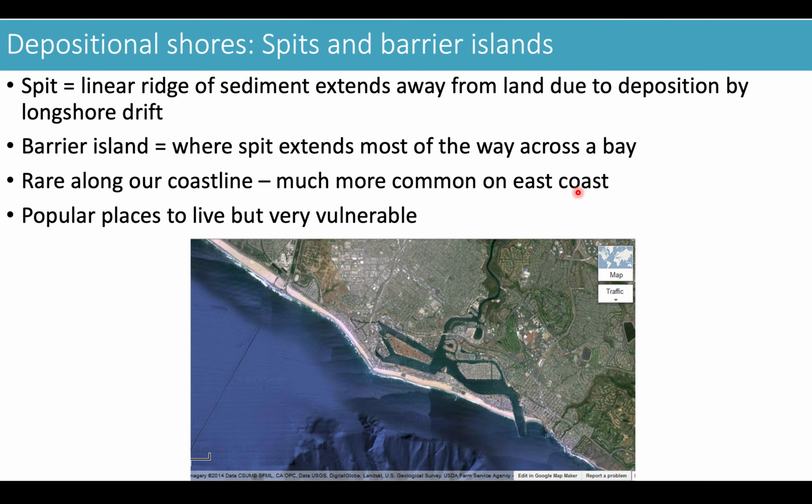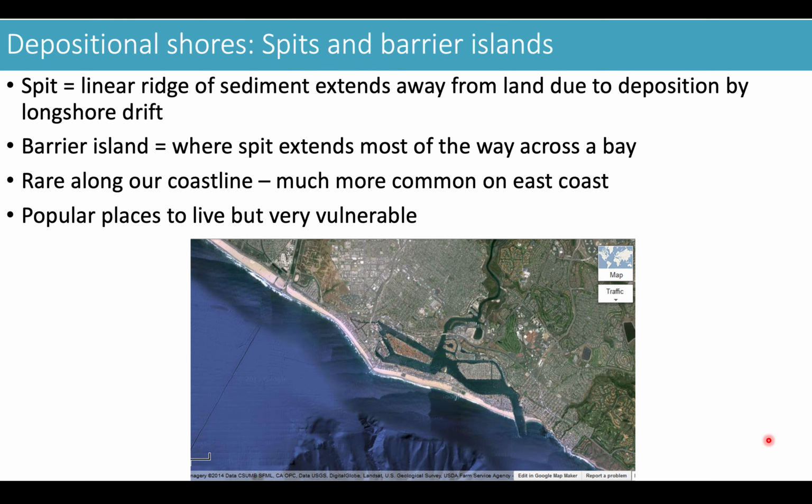So some other key terms, especially since we live close by to Newport Beach, where we have almost all of these. A spit is where we have a linear strip of sediment. So a linear strip of sediment that sort of extends away from the land, and it's mostly due to deposition of that longshore drift, like this photo here. Also barrier islands.